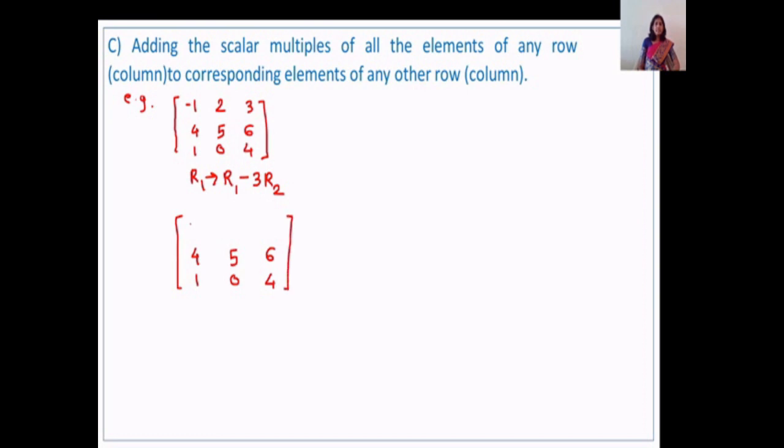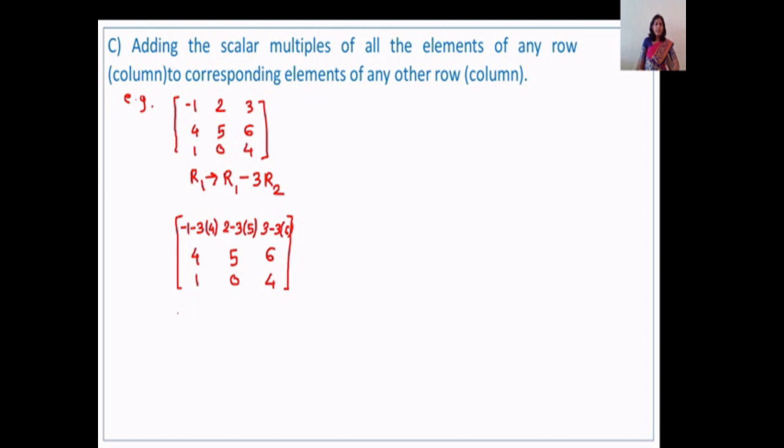Now the first element of R1 is minus 1, then minus 3 times its corresponding R2 element, that is 4. Next, R1 is 2 minus 3 into its corresponding R2 element, 5. Next, R1 is 3 minus 3 into its corresponding R2 element, 6.